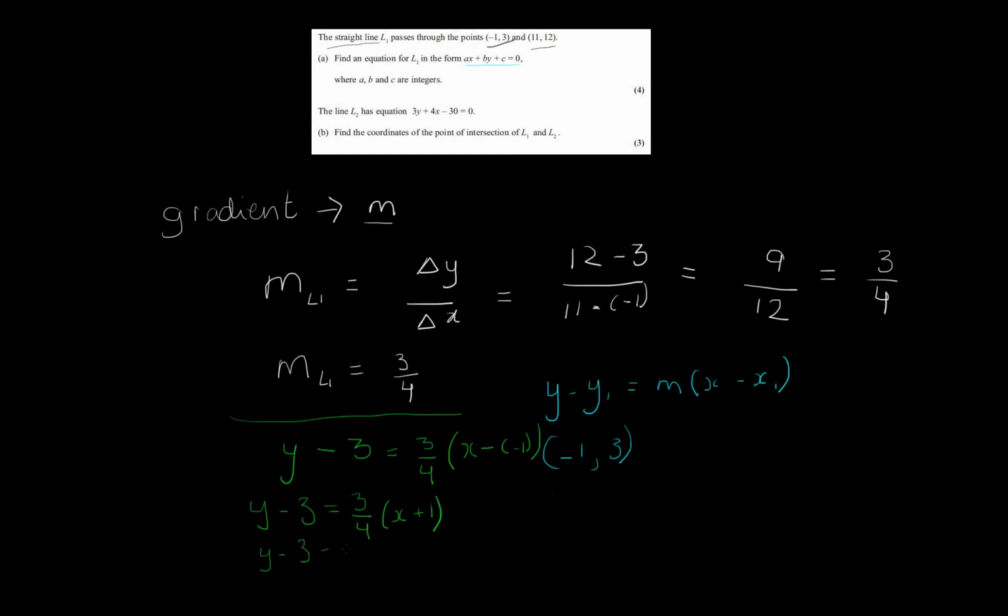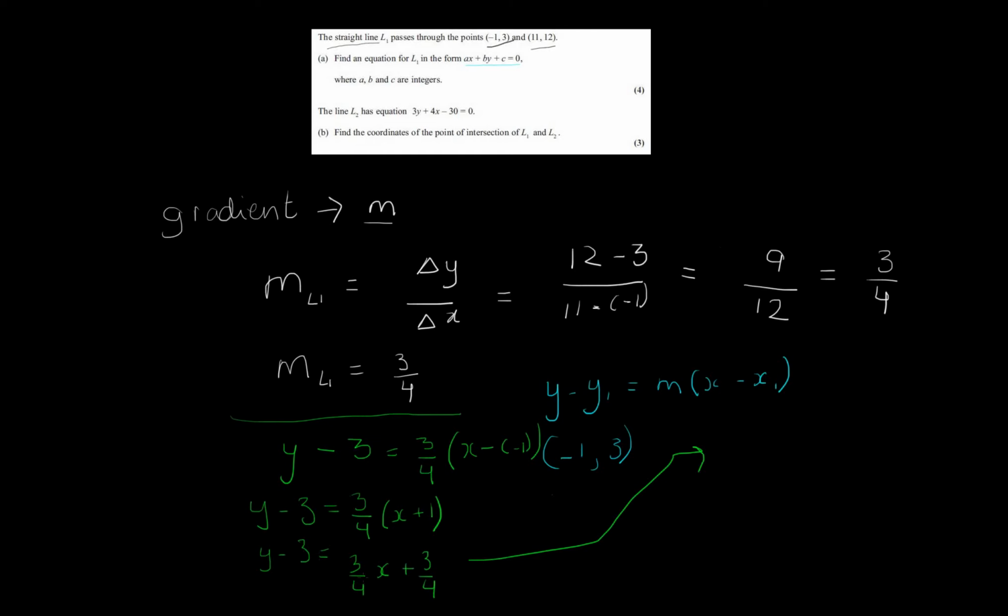y minus 3 equals, so here we multiply 3 by 4 to x and to 1. So 3 by 4 x plus 3 over 4. And now we have x and we have y, and we can bring all of them on one side.